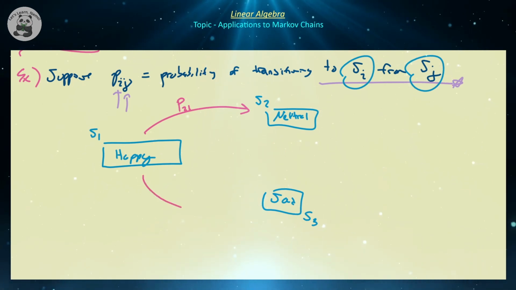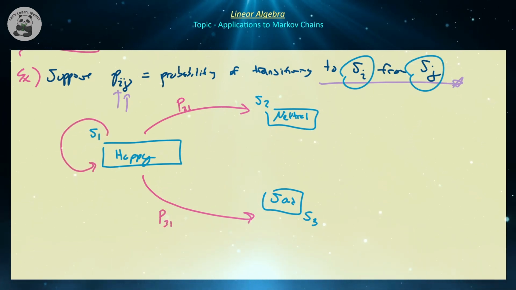We could also go from happy to sad, so that's going to be equal to P31, and we could also transition from happy to happy. Well, technically that's not a transition, it's pretty much staying fixed. That would be P11. So we have P11, P21, P31. Those are the probabilities of transitioning to the others from happy.